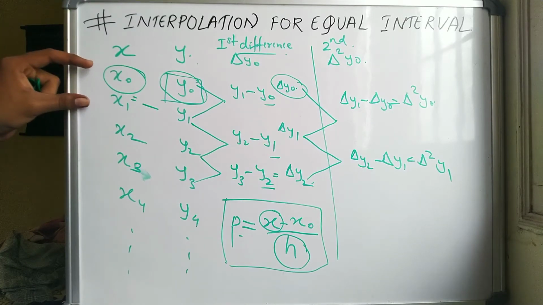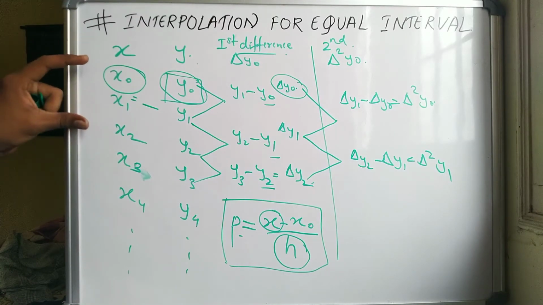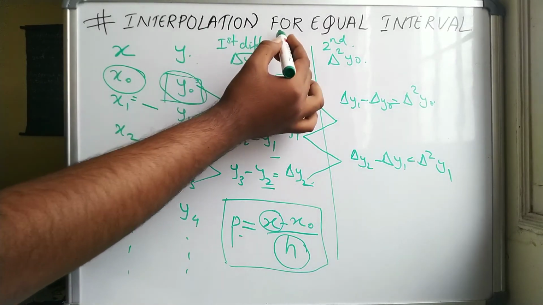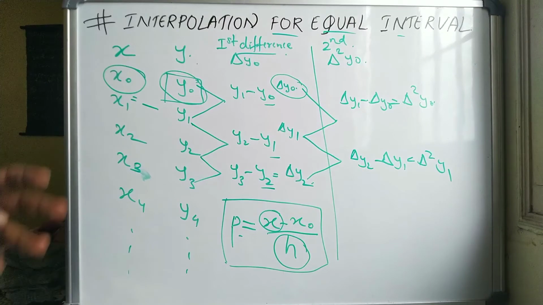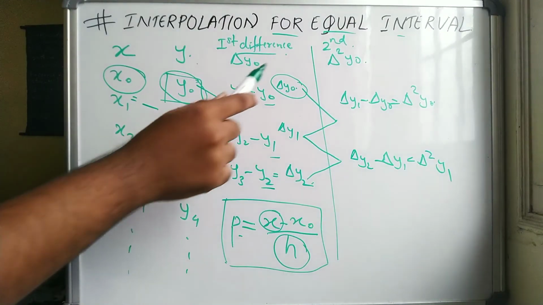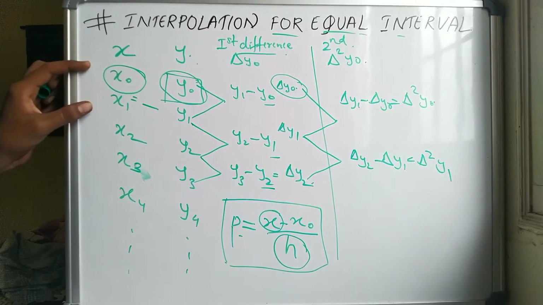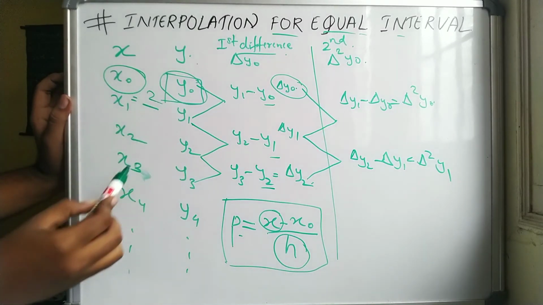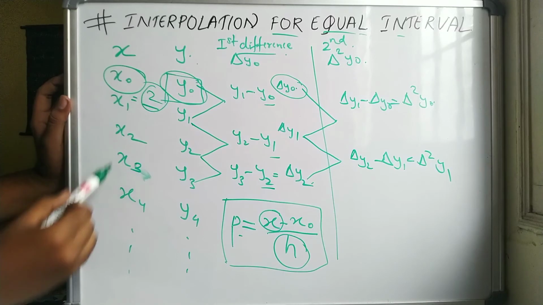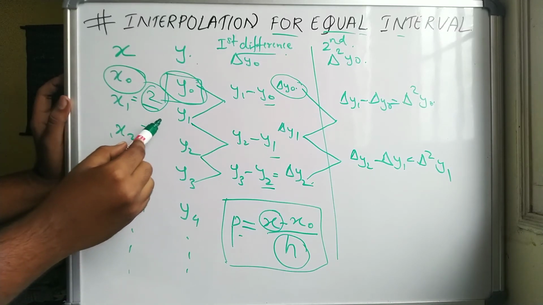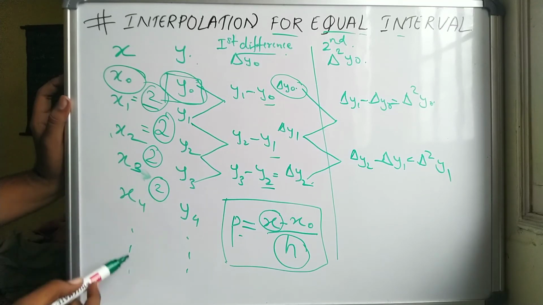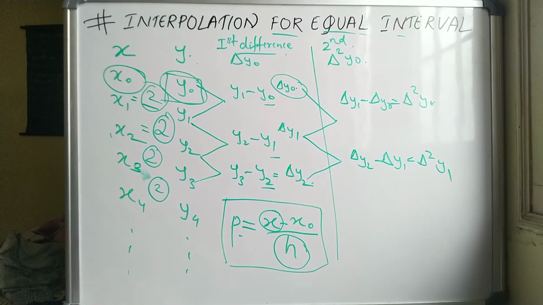We are considering only equal intervals, so this formula is applicable only for equal intervals. That means if you do x1 minus x0 and suppose you get 2, then here also you will get the same, 2, 2, 2, the gap will be 2, 2, 2, right?